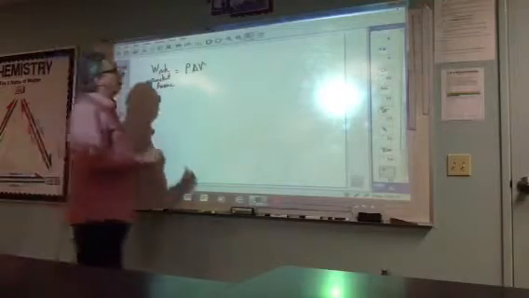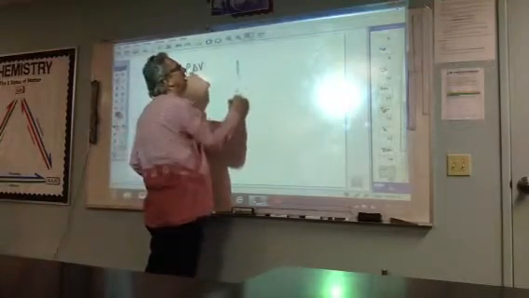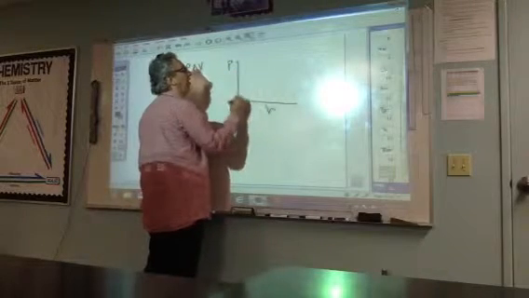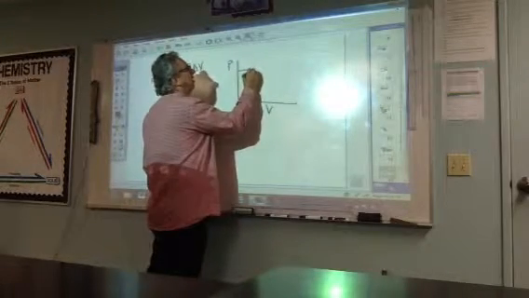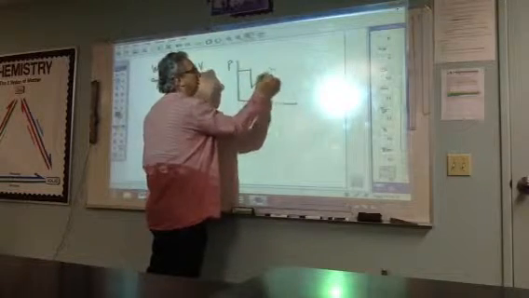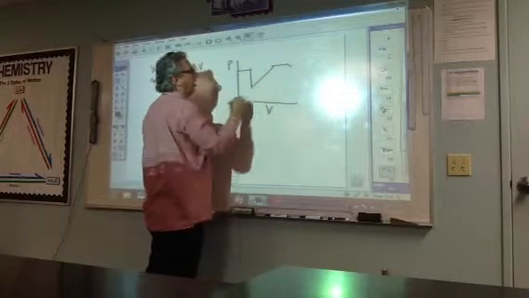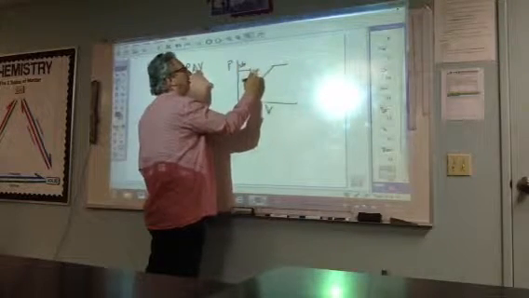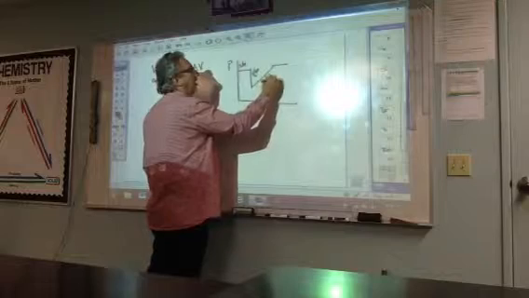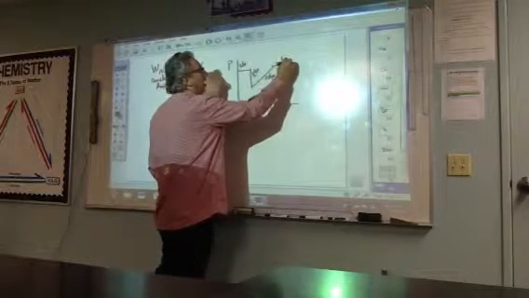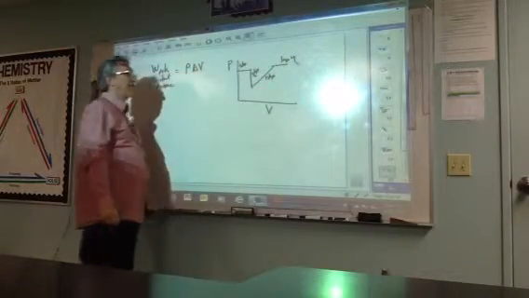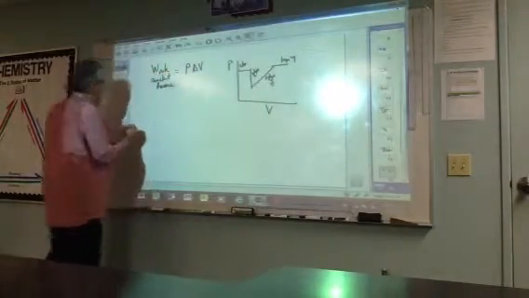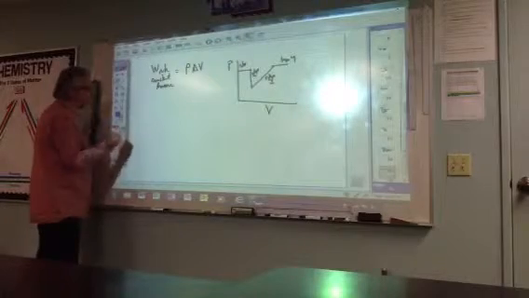Also in this chapter, we learned that the area under the curve is also the work. So if I give you a process that goes down like this, then goes up like this, and then goes across like this, you have step 1, step 2, step 3, and step 4. Then I'm going to ask you the work at each step.